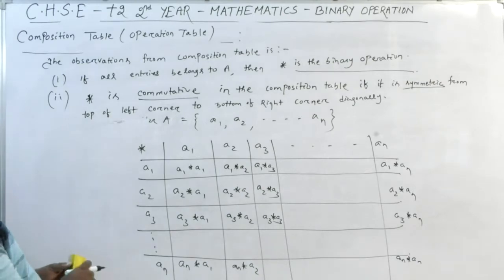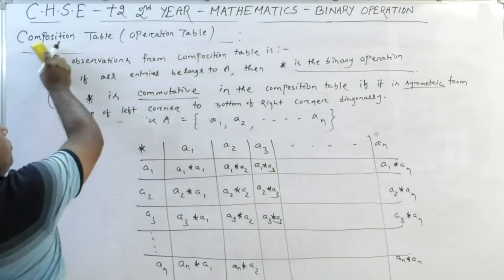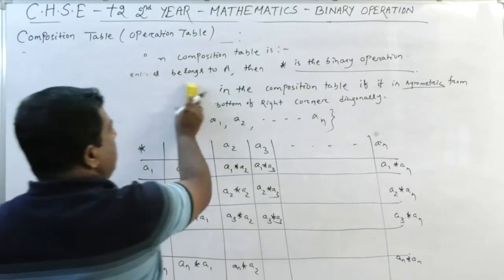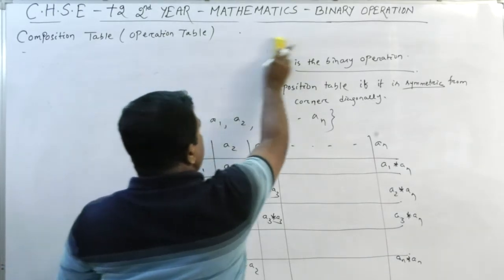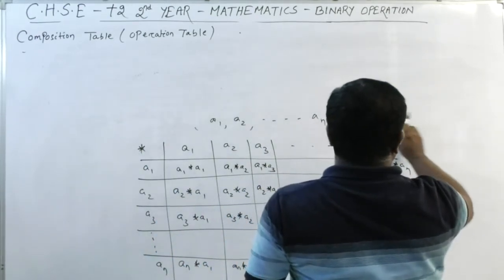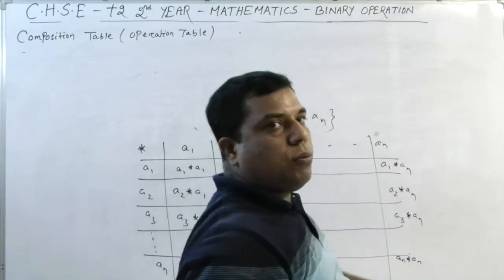Now we have to clean the board. For your information, let the composition table be here, and I am going to clean the board. So next, what are the properties?